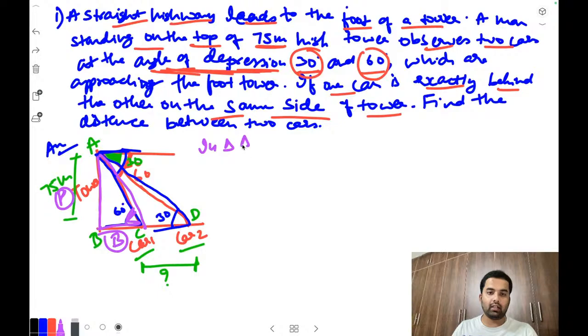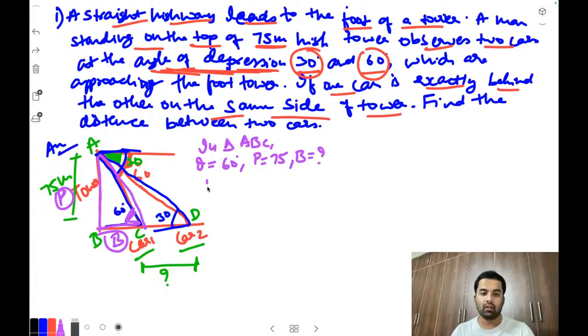In triangle ABC, theta we have 60. Perpendicular we have 75. Just write your own answer. Continue on your own, because we have practiced these kinds of questions, so you can do it. It is a 5 marks question, so boys and girls, please try to understand. You have to write proper content on this one, please.